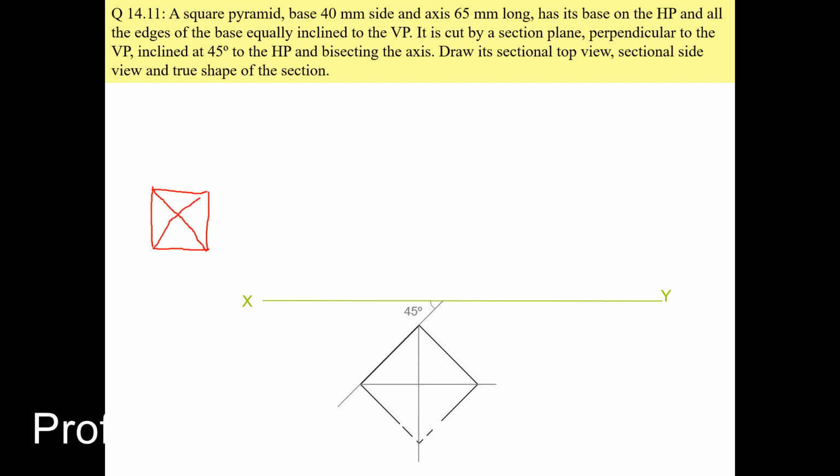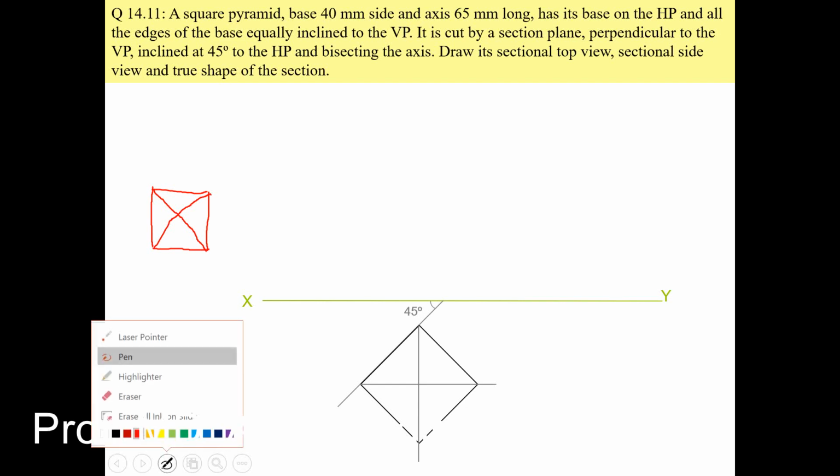Then take your compass and take the dimension from the center of the diagonals to the corner, and then plot it over here. You will get a 45-degree line. So this is another method to draw this, if you are not going to use the drafter.